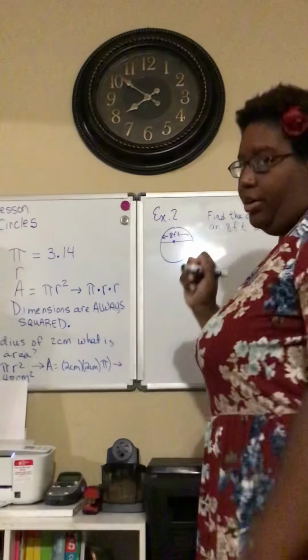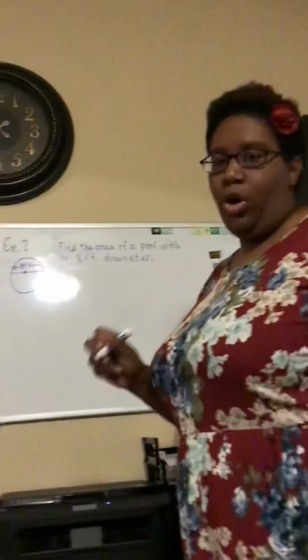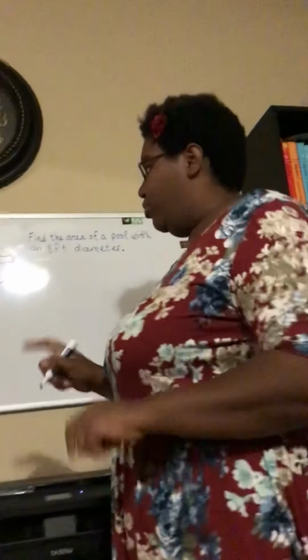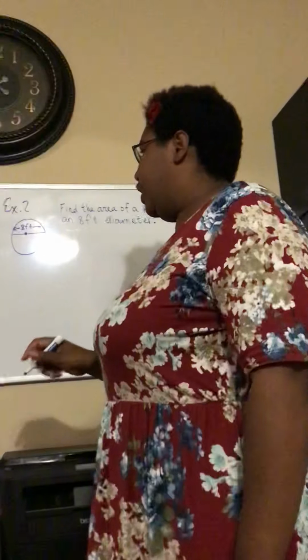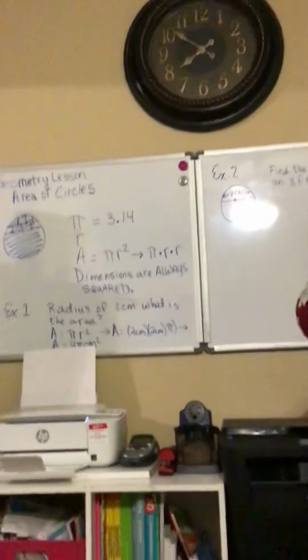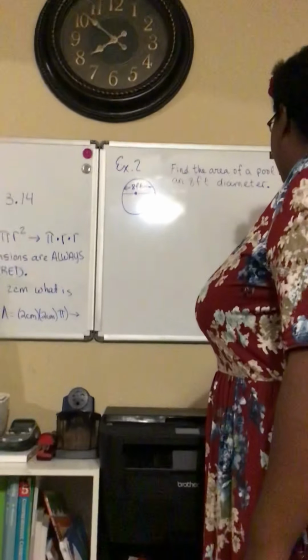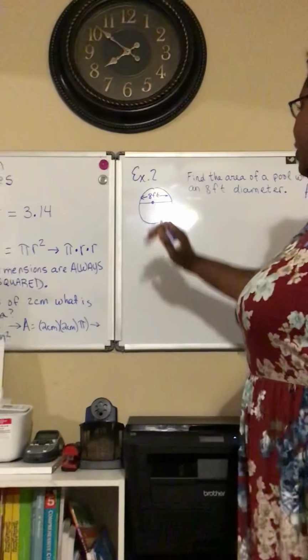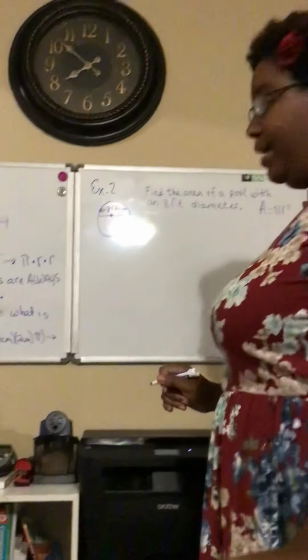Okay, so here we have to do a tad bit more work before we can get to the area formula. Because remember, our area formula is in radius. So let's write our formula down to remind us. Area is equal to pi times radius squared. But this gave us diameter.